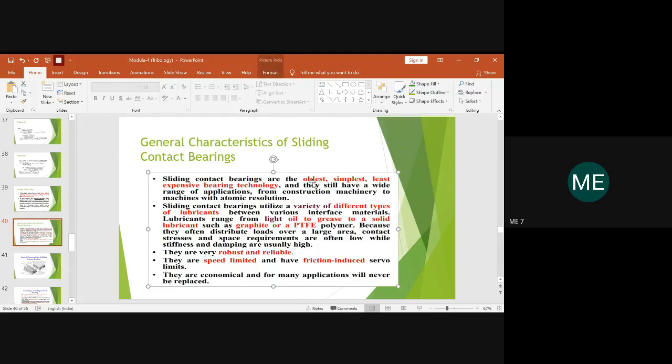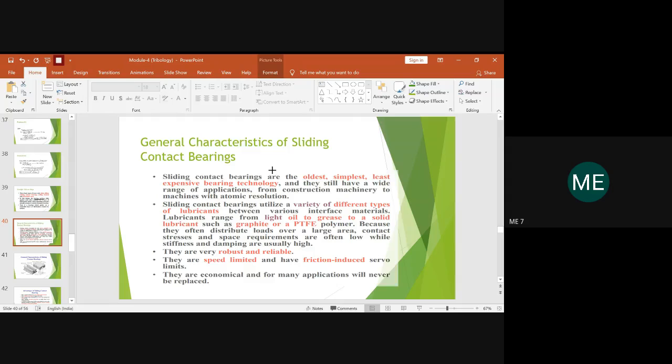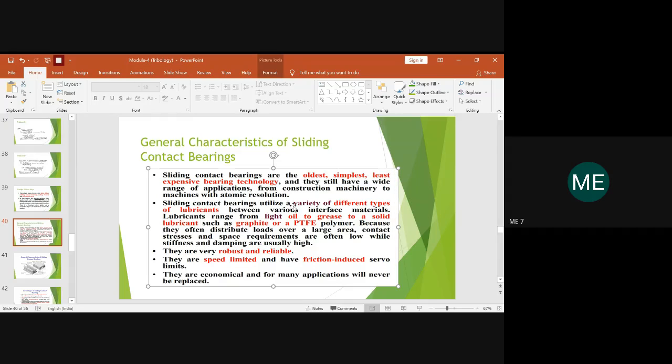So before going for the pressure distribution concept, you should know a few general characteristics of the slider contact bearing. When you hear the word sliding bearing, plane sliding bearing, or sliding contact bearing, these are the oldest and simplest types of bearing technology, which have been there for many decades, right?